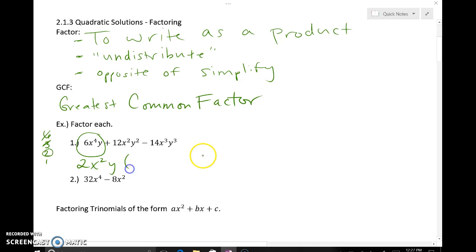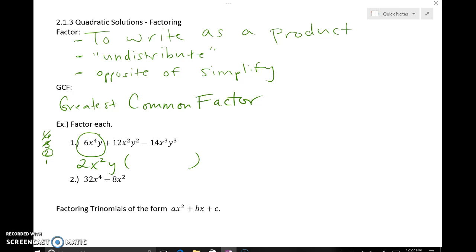So now here is the undistribute, or the opposite of simplify part that I was talking about. I asked myself, okay, what would I multiply 2x squared y by to get 6x to the fourth y? Because I'm working backwards. I'm trying to find the multiplication problem that I would have to distribute in order to get what I originally started with.